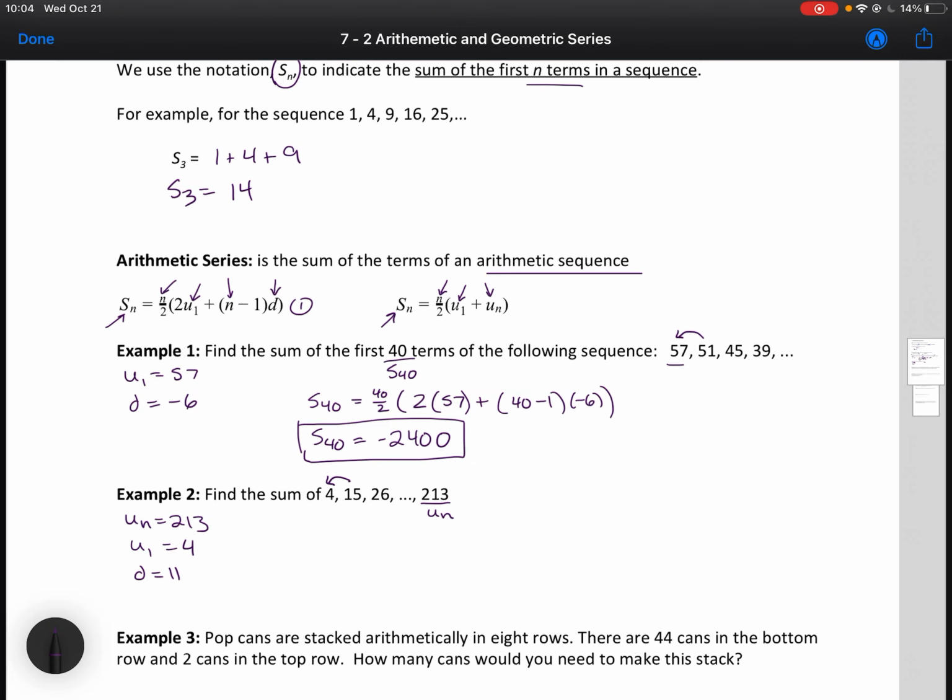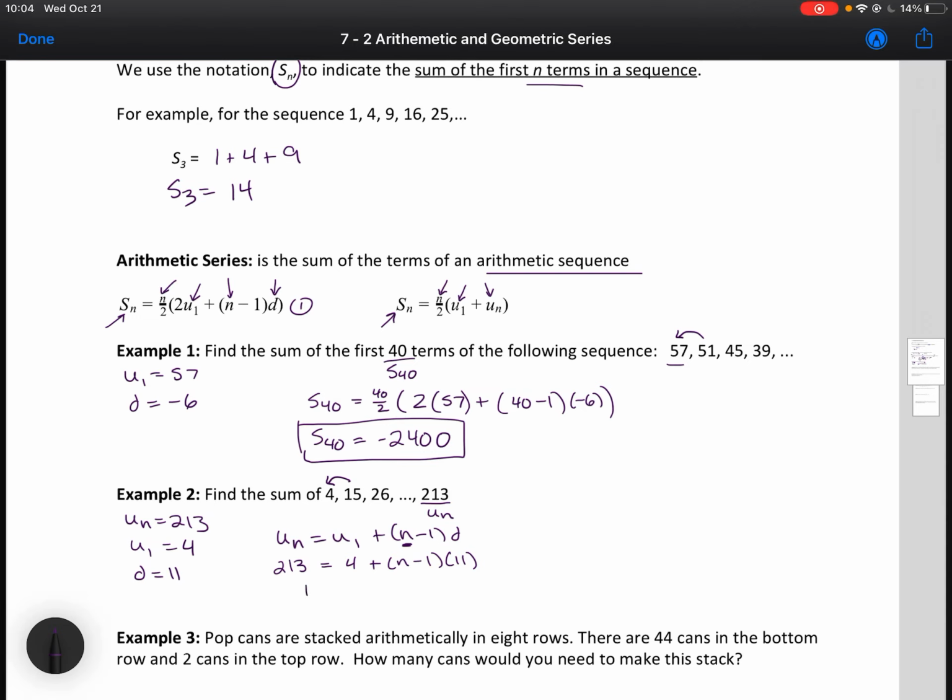So now we can use one of the formulas that we had before to find the nth term. If you recall, un is equal to u1 plus n minus 1 times d. What this is going to allow us to do is to find the term number for 213, which is going to allow us to find the sum. My nth term is 213, my first term is 4, I don't know what n is, but I do know what d is.